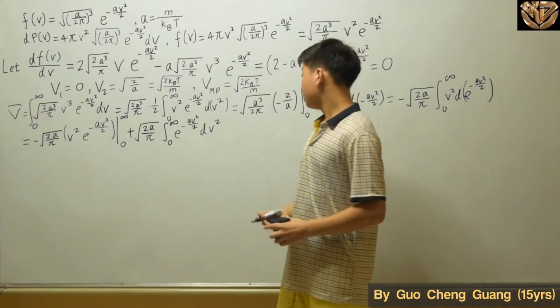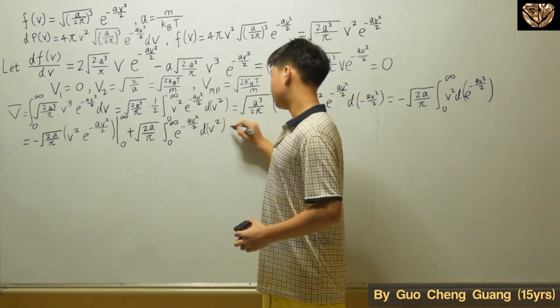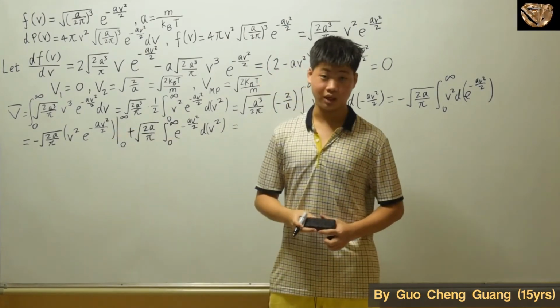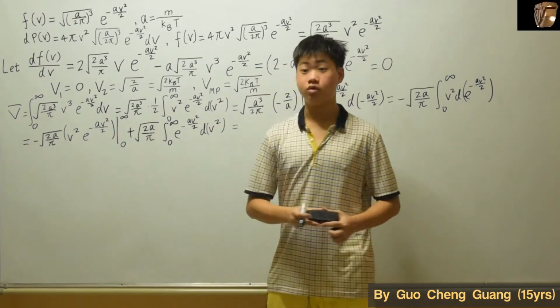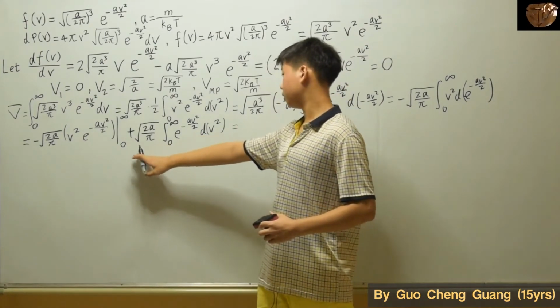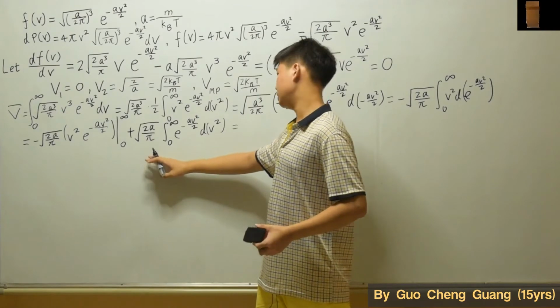Since this is what you are going to see, if you substitute the values in for your first part, you're just going to have 0 for your entire first term. So 0, and plus, which you don't really need to write.